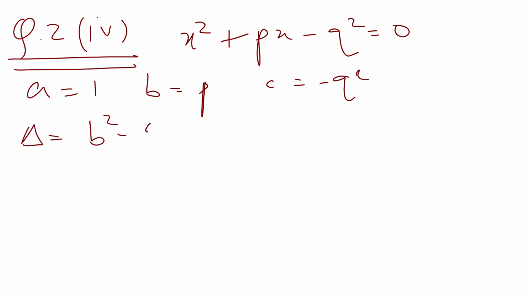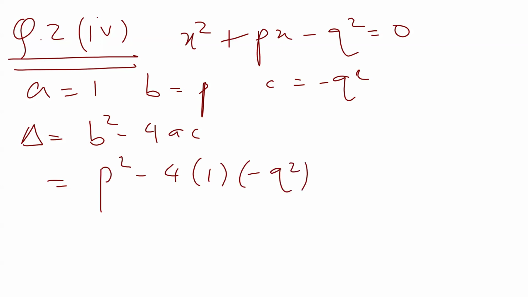Delta is B square minus 4AC. So P square plus 4Q square. Now P square is positive, Q square is positive. So delta will be greater than 0.